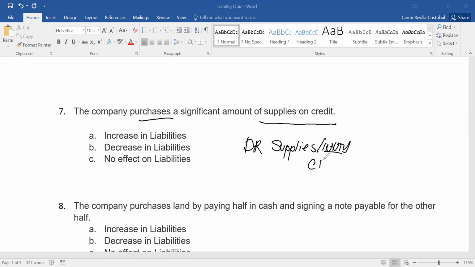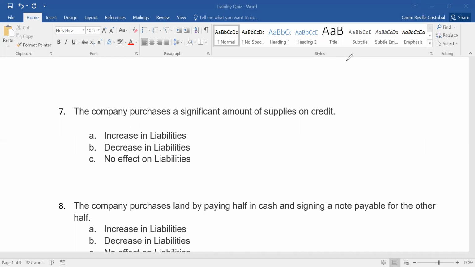And then yung credit, ang sabi niya dito is, on credit, meaning, hindi natin siya binayaran ng cash. So it could be accounts payable. So you can see the nature already impacts the liability section and it's on the credit side, which is normal balance. So the answer is letter A, increase in liability. Okay? Next.